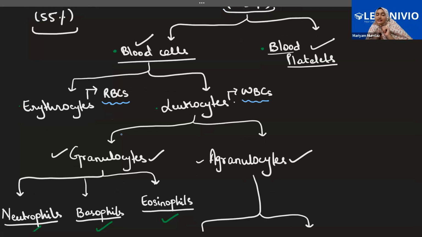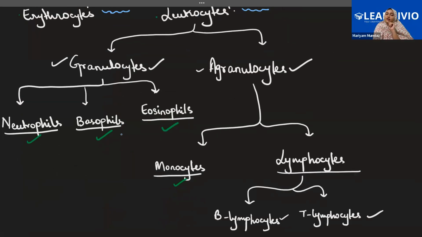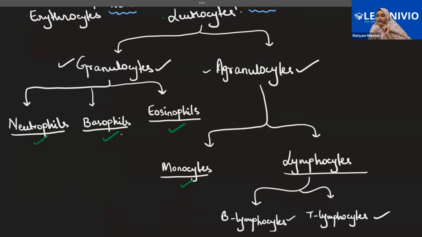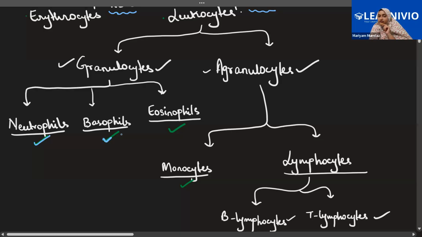WBCs are of two types, granulocytes and agranulocytes. This is with respect to their appearance. Granular appearance, you understand? Rough appearance, sort of. And agranular, meaning it's not a granular appearance. Under the granulocytes, you have the neutrophils, basophils and eosinophils.